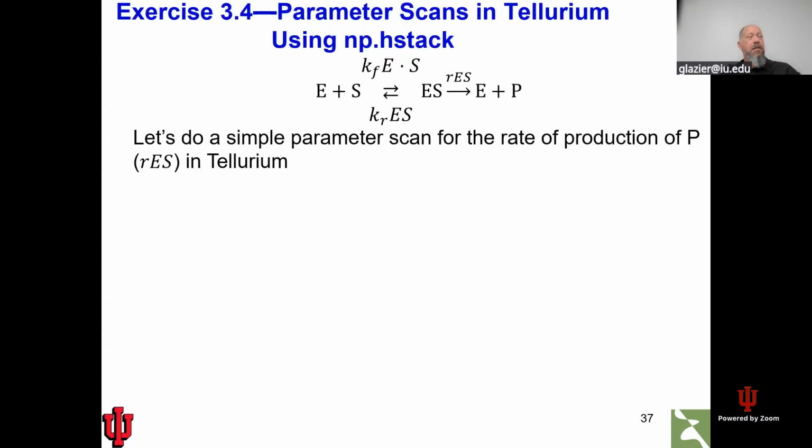The next thing to do is the derivation of the Michaelis law, which is now you want to scan the rate of production, which you've just plotted, versus the amount of enzyme.